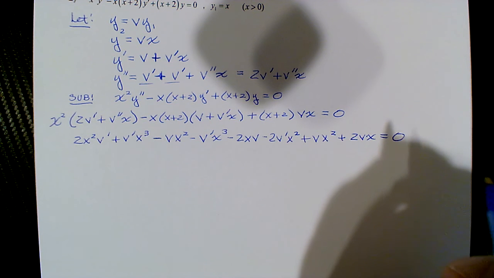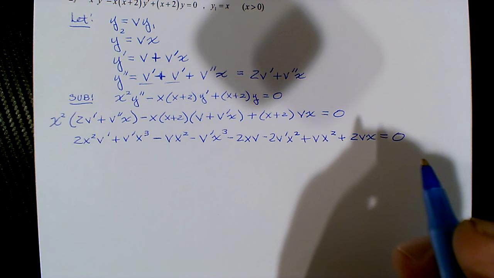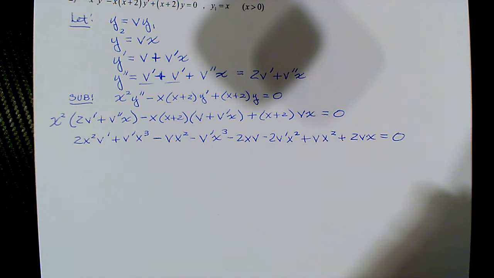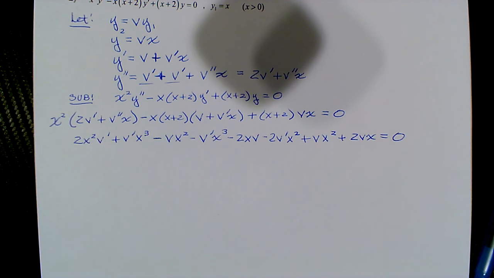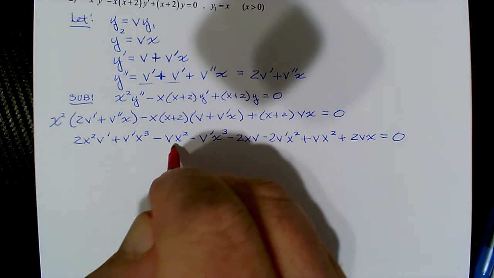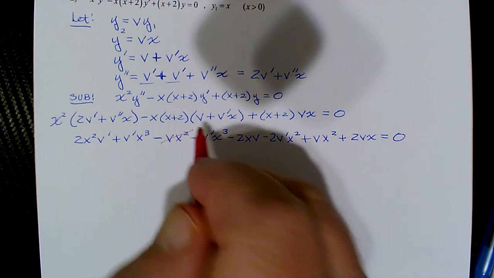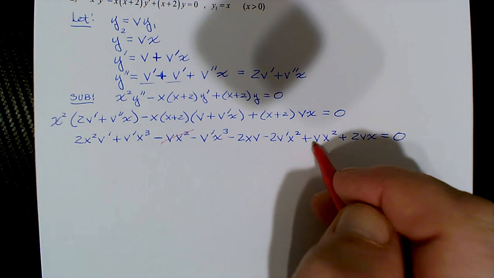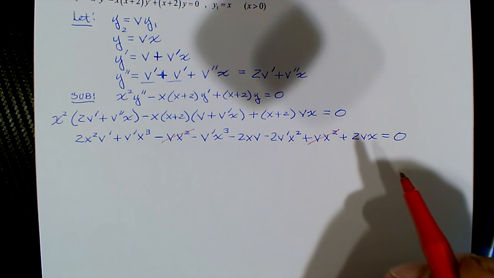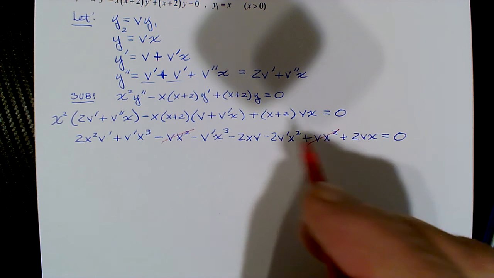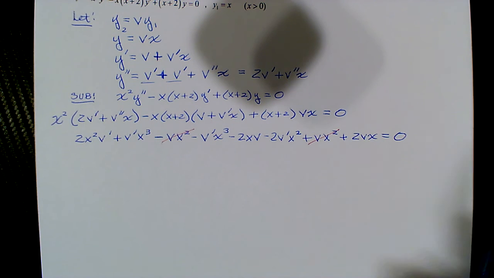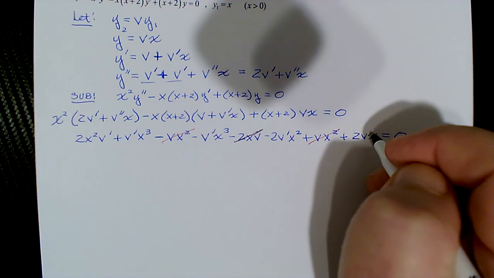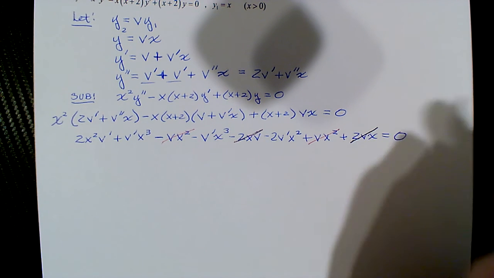Alright, now what always happens, as we had proven, is at this point the v's go away. So look at the terms containing the v's. Here's a negative vx squared, and here's a positive vx squared, and then also there's this negative 2xv that goes away with this positive 2xv.